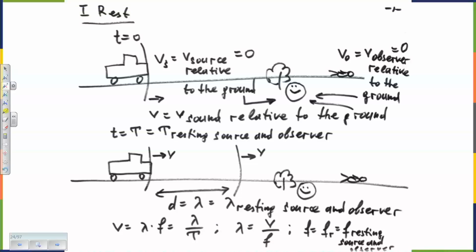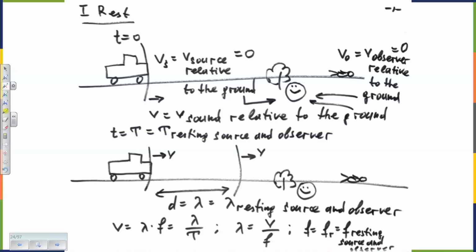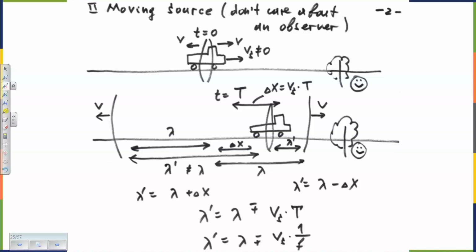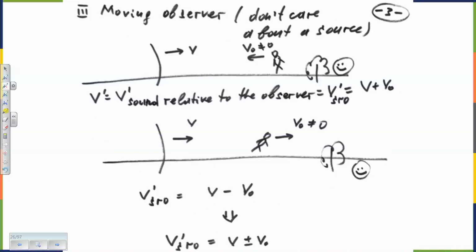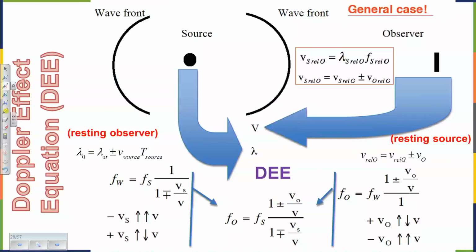Well, I've tried to also draw more accurate pictures. I'm not sure if it's actually more accurate, but I still have them. If you want it, it's yours. So all situations, starting from the resting situation, the moving source, the moving observer, the general case, and we're done with the theory.